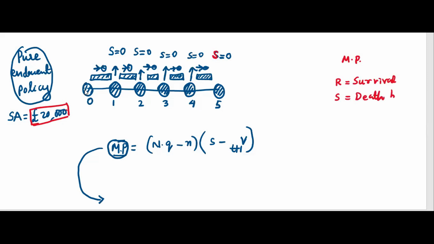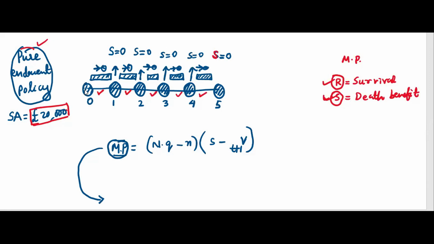However, elsewhere in CT5, Part 2 of CM1, we use S for everything. But here, in the context of mortality profit, we've divided into different benefits. Here, R is the survival benefit. We don't have S here because this is a pure endowment policy. So it doesn't matter whether you are finding mortality profit during the first year, second year, third year, fourth year or fifth year.